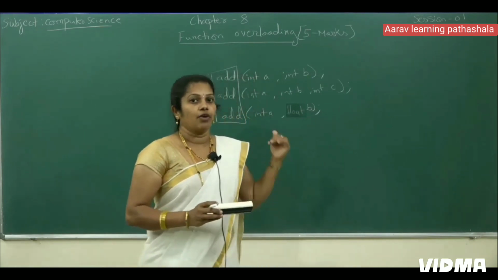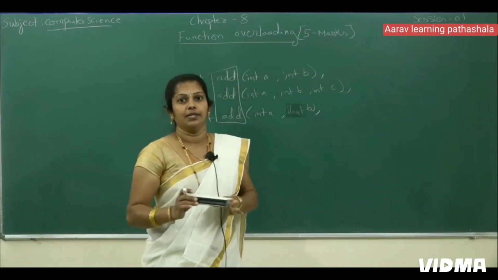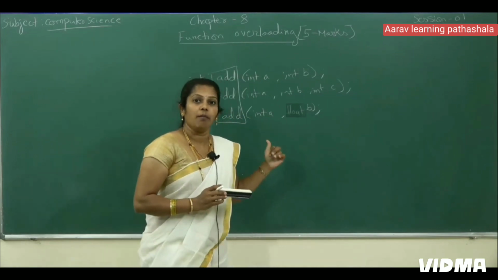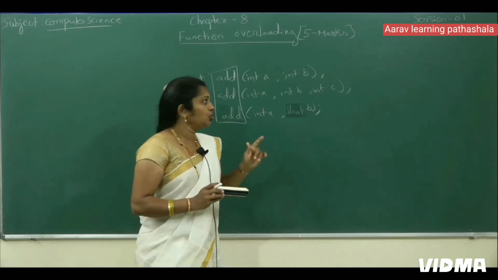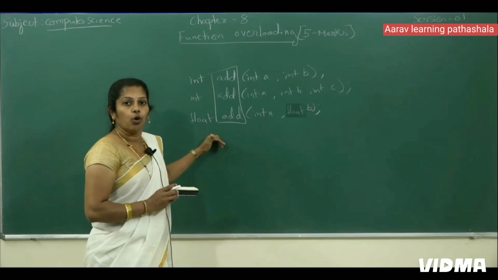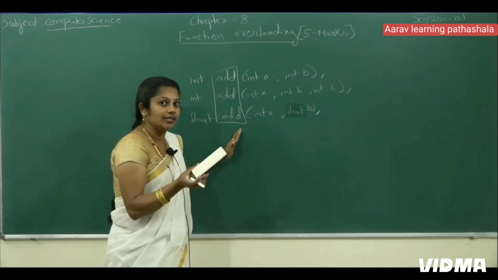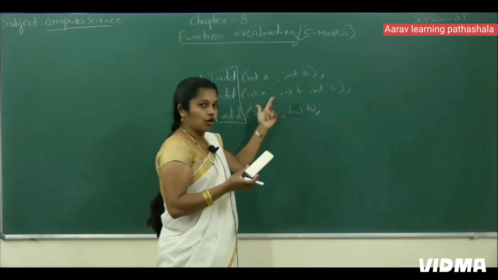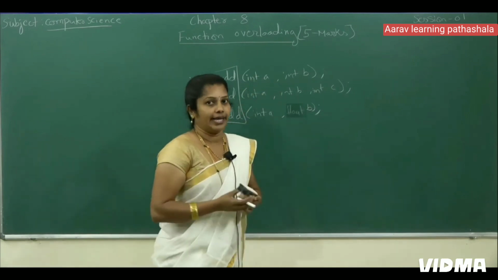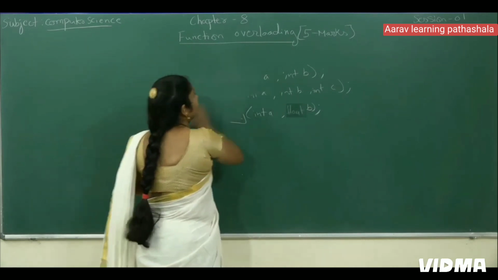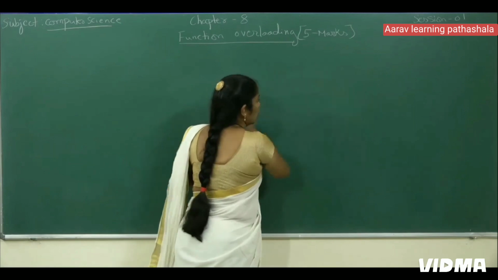In the lab program, if you have a function overloading program, then 100% the external will ask, what do you mean by function overloading? Function overloading means two or more function names are same but differ in number of arguments or data type of the argument. This is nothing but function overloading.